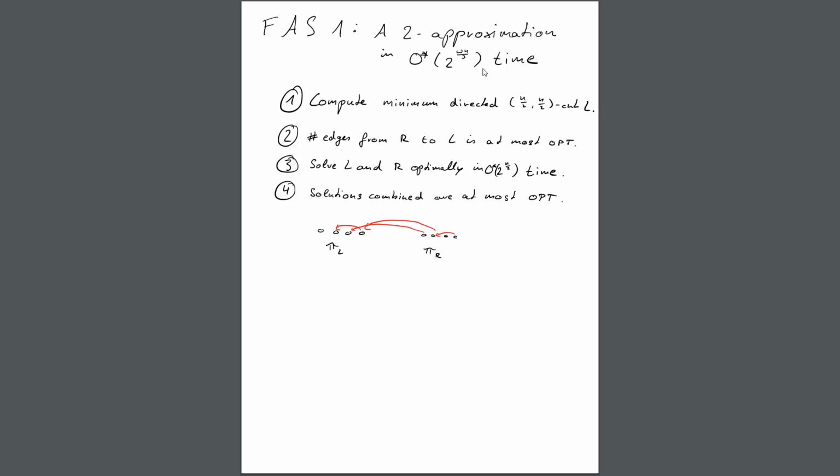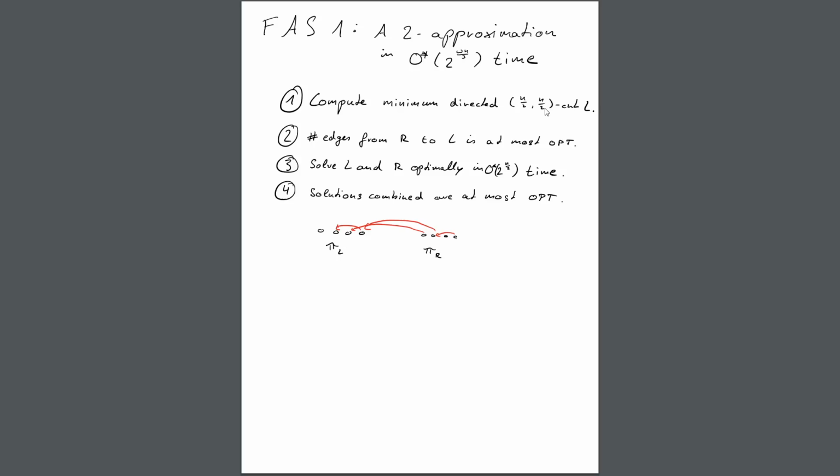And we just say, okay, we want to find a minimum directed n by 2 cut. So partition the vertices into 2 sets of size n over 2, such that the number of arcs from the right to the left is minimized.